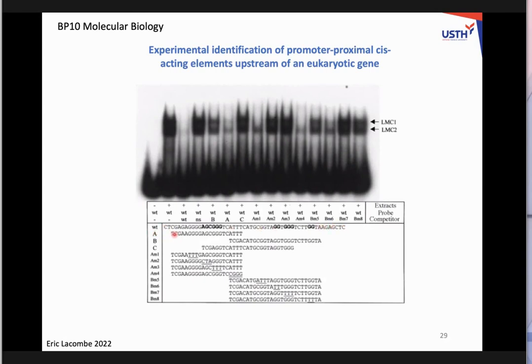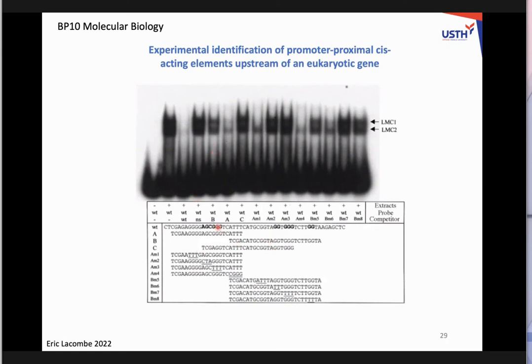Fragment A is the 5' part of the probe, fragment B is the 3' part of the probe, and fragment C is the middle part of the probe. Do you follow me? We use a big piece of DNA as a probe, and 3 overlapping fragments, but we're not going to use them as a probe, we're going to use them as competitors. Do you understand the strategy?